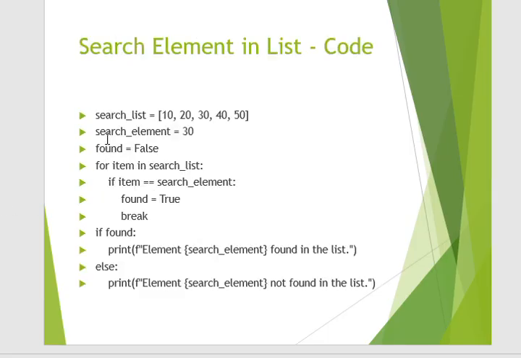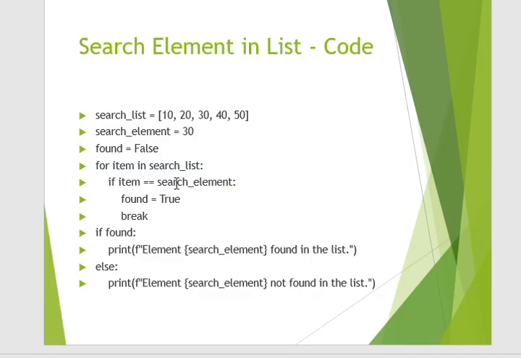Now if we go with the logic, we have used a list, that is search list, which consists of 10, 20, 30, 40 and 50, and the element which we are searching here is taken as 30. Now found is taken as false in the beginning. After declaring found as false, we take a for loop which will traverse each and every element of the list.